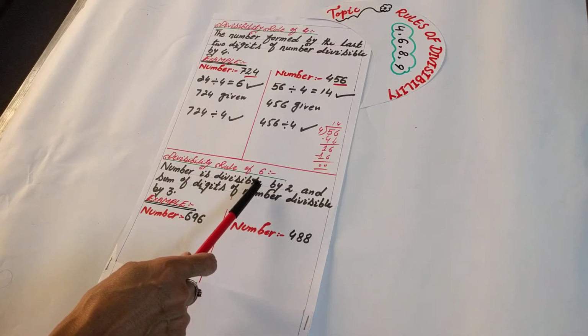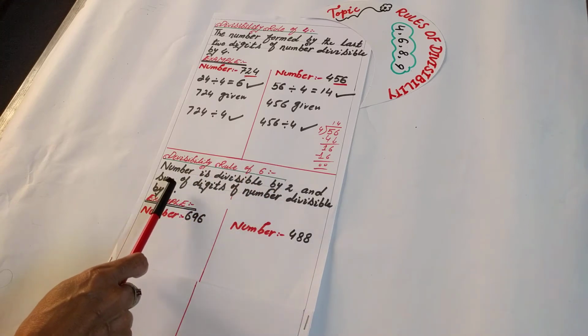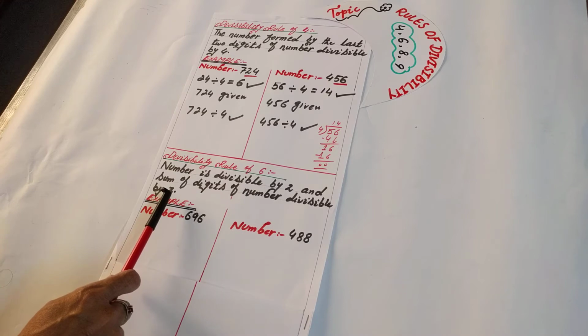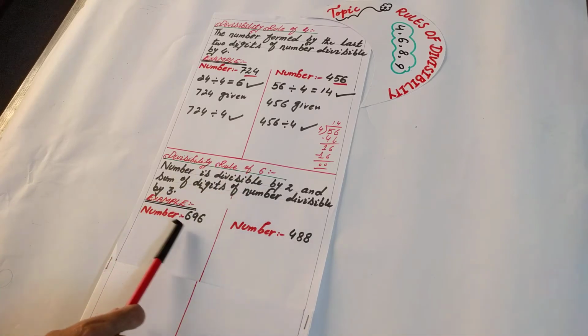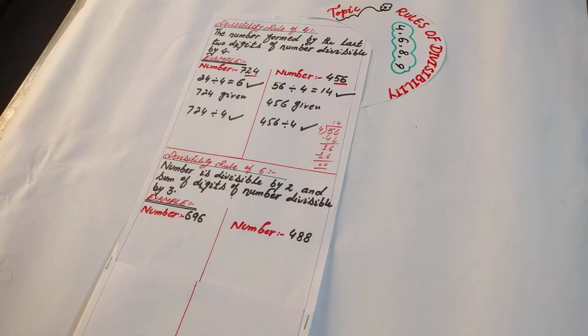What is the divisibility rule of 2? The unit place digit should be an even number. If that condition is satisfied, along with it the rule of 3: the sum of the digits of the number is also divisible by 3. If these two conditions are satisfied, then the given number will be divisible by 6. Clear? Let's start.